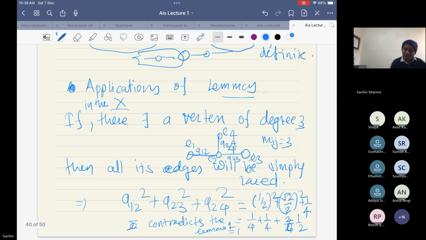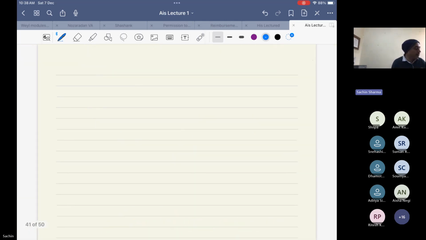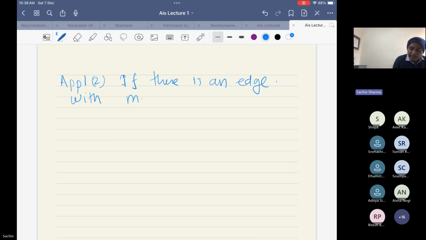Fine. Similarly, application 2: if there is an edge with mij equal to 6, then you should have l equal to 2.